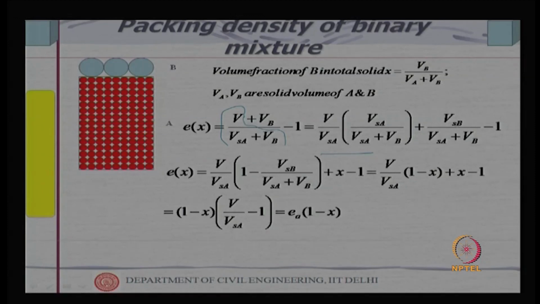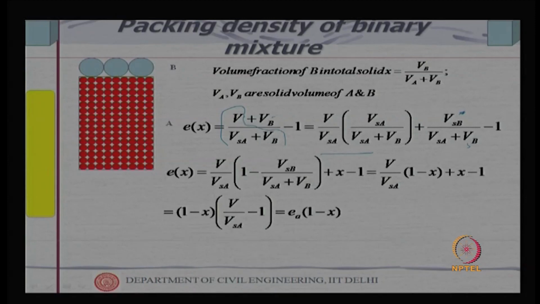The volume of the solid V is the amount I have added in the overall system. So, V S B divided by V S A plus V S B, because there is no other solid volume. So, V B is nothing but V S B, I have just written it like this.